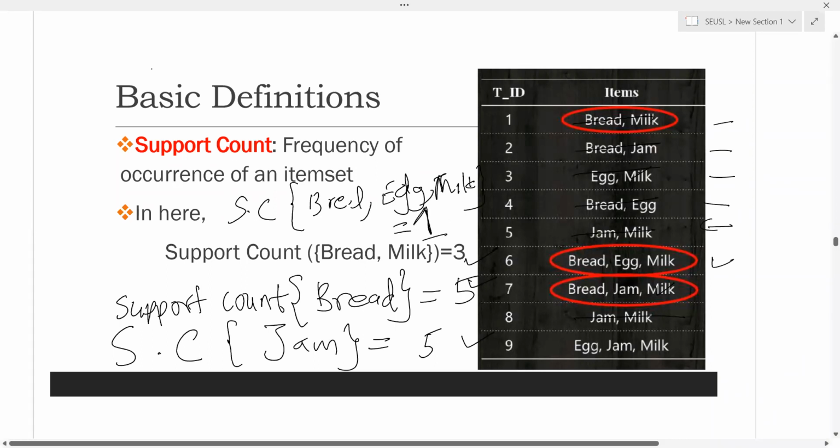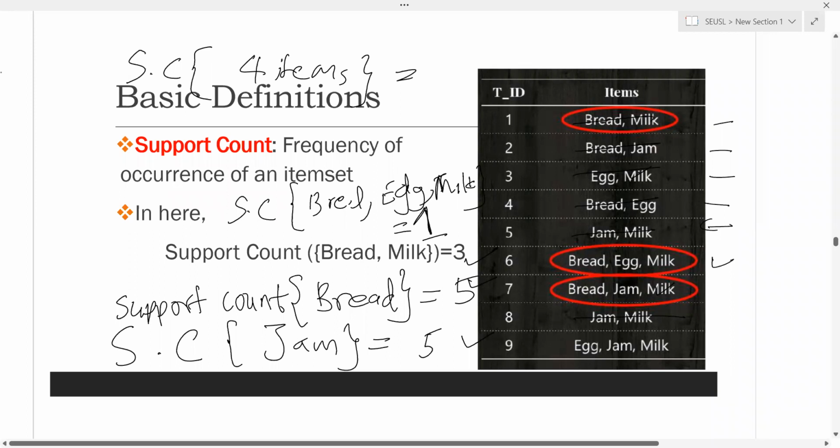Can someone tell me what is the support count of 4 items here? Are there any transactions with 4 items? No one is buying 4 different items in the supermarket. Is there any possibility among 9 transactions? I am asking the support count of 4 items.